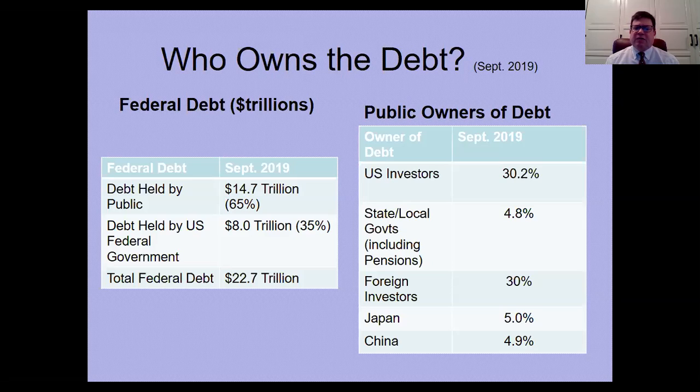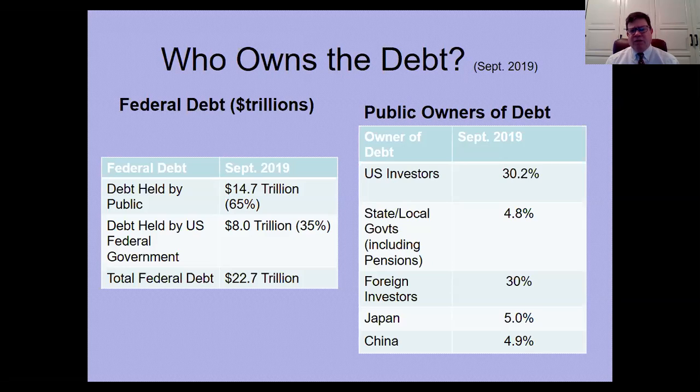About 4.8% of all the federal debt is owned by state and local governments. Part of that is in pension plans for state and local employees. Again, this is a very safe bet. Treasury bonds are not going, hopefully not going to go bankrupt. And frankly, if the federal government goes belly up, there's more problems in the economy than we would hope to have.